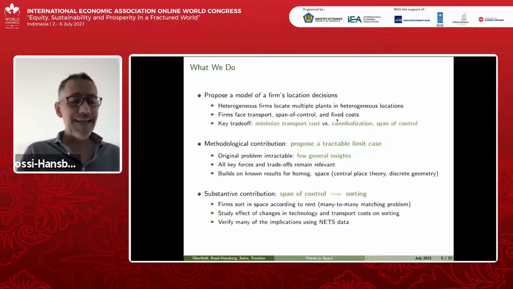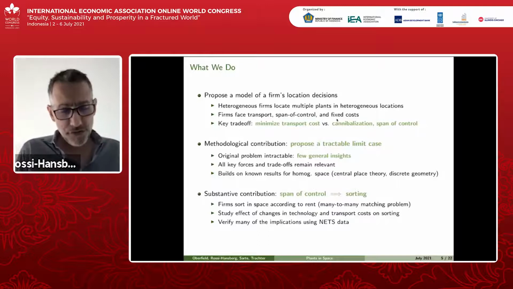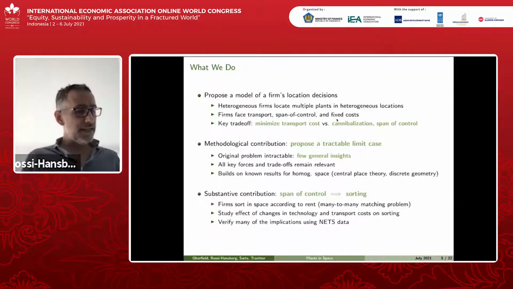Now, how are we going to tackle this? This is a very hard problem in general because it's a large combinatorial problem that gets out of hand once you have a relatively large number of locations. It doesn't actually have to be that large. And so what we're going to propose as a solution for this complicated problem is what I'm going to call a tractable limit.